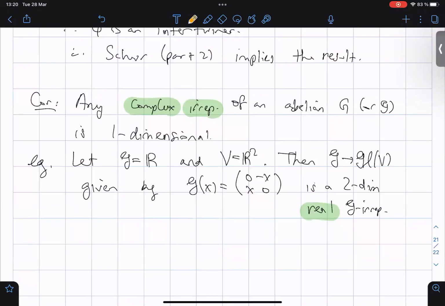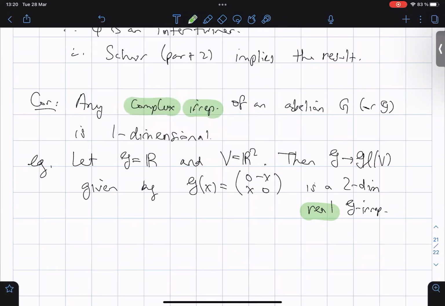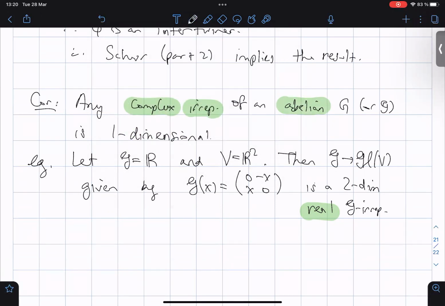So we ended up with this little corollary that any complex irreducible representation of an abelian group is one-dimensional. There we go. This is actually a special case of a much more general theorem.